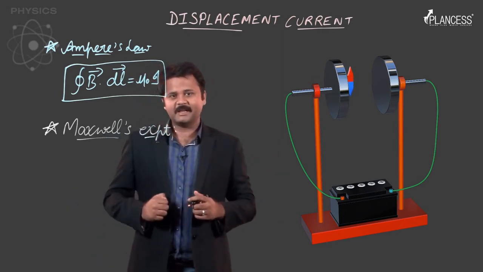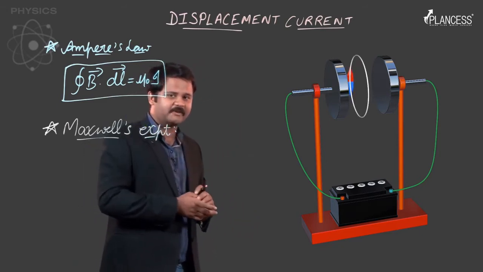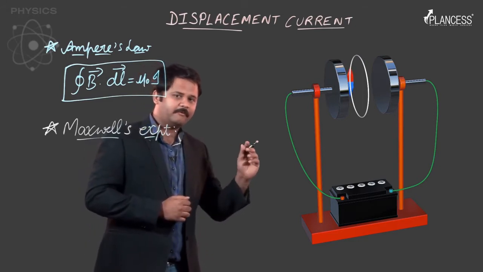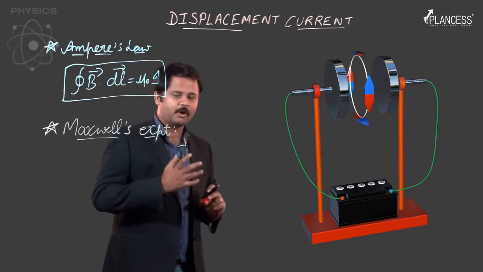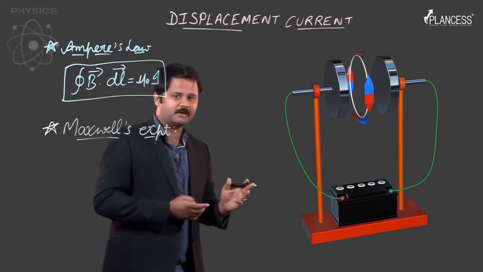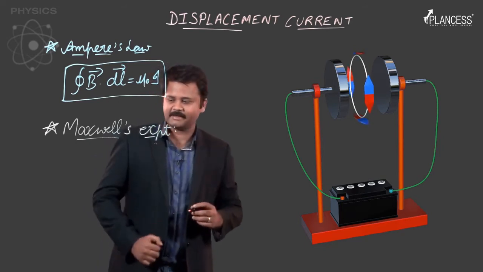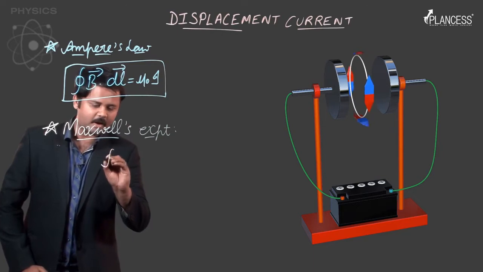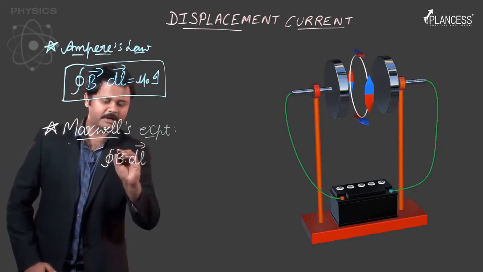Next, he took an Amperian loop inside this region. If we place our magnetic needles at all points of this loop, we will see a deflection in the magnetic needle at all the points. This indicates that for Maxwell's experiment, we have integral of B dot dl as some finite quantity.